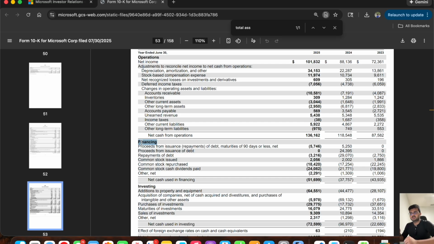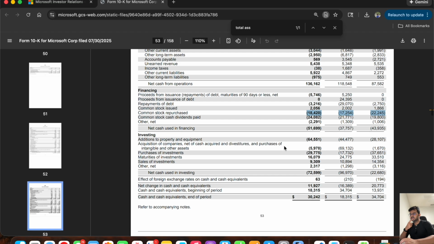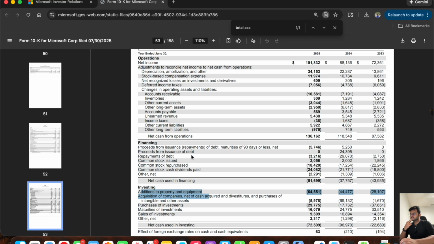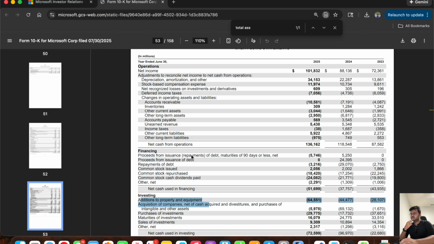Microsoft provides dividends year over year, and also mentioned they are doing some repurchases and have given the amount. So we will calculate the repurchase rate and all the expenses spent in the financing section. Finally, investing is most probably going to be additions to property, plant, equipment, or in simple words, capital expenditure. So let's start building our cash flow statement for Microsoft.